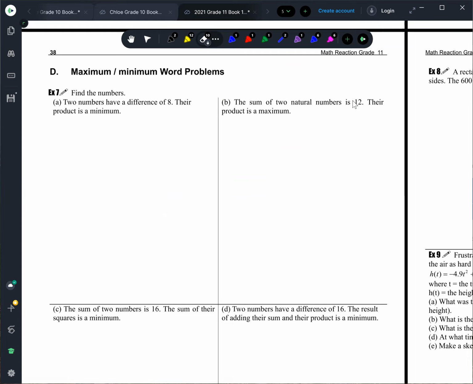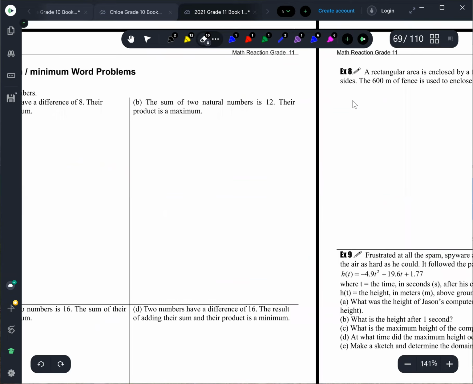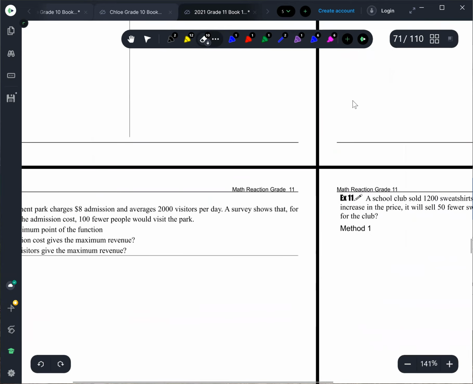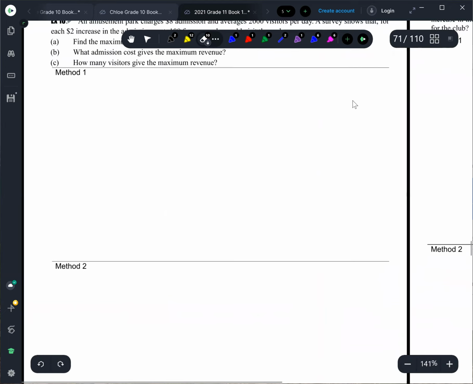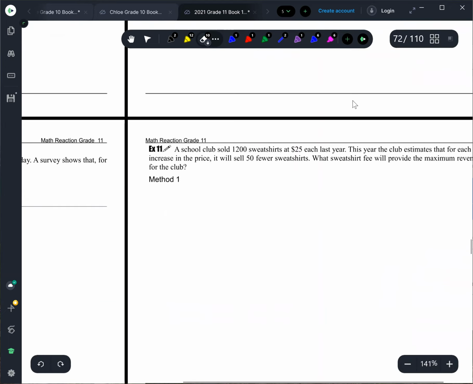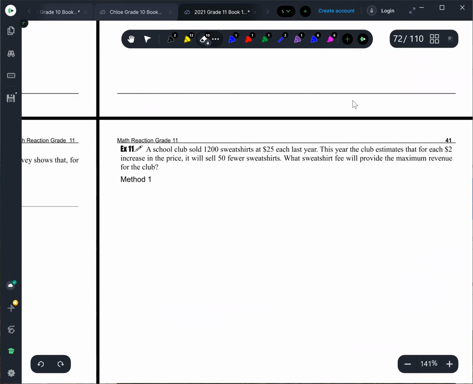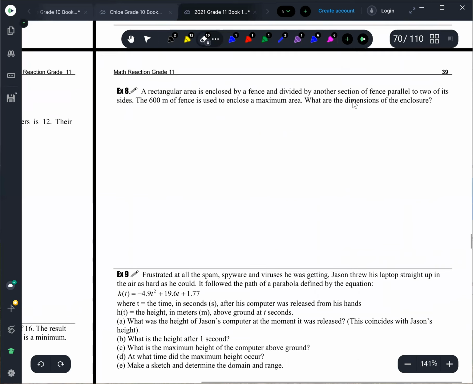Once you're able to figure out these kinds of questions, then we can apply them to other scenarios with stories like profit and cost. On the next page, we have amusement park, selling shirts, and then an areas problem, question 8.